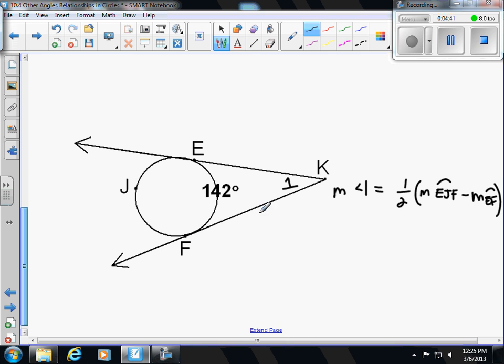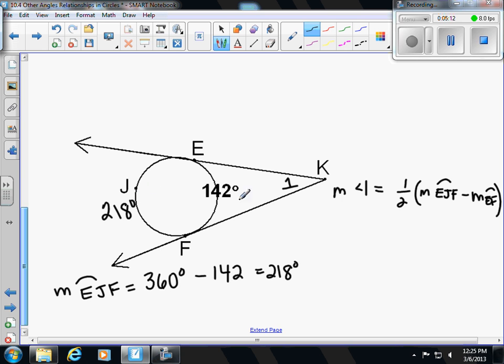Now first of all, if arc EF has a measure of 142 degrees, we need to find the measure of arc EJF. Well, it's 360 degrees all the way around. So 360 degrees minus 142 is going to give us the measure of that arc EJF, which gives us 218 degrees. So that's something that we need in order to find the measure of angle 1.